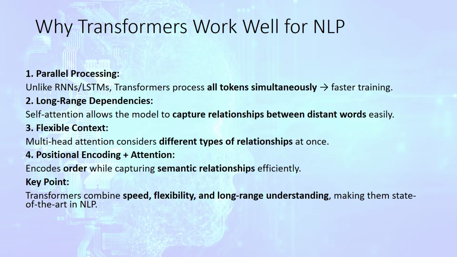So, short conclusion: why do transformers work well for natural language processing? Because they provide parallel processing, unlike recurrent neural networks, for example. All tokens are processed simultaneously, and we have the possibility to perform faster training of our networks. Due to the attention mechanism, of course, they catch long-range dependencies between words.